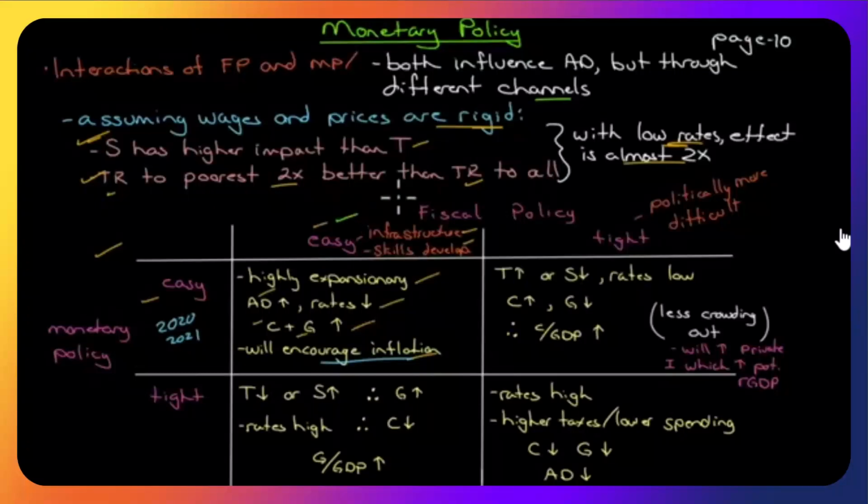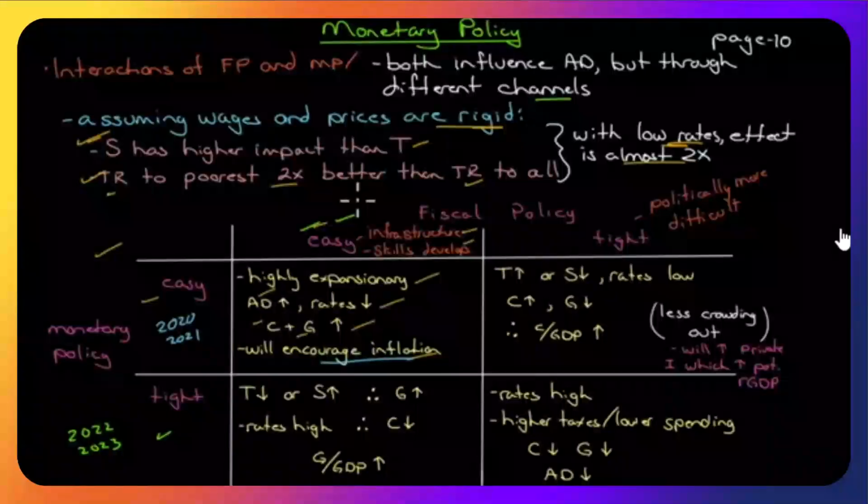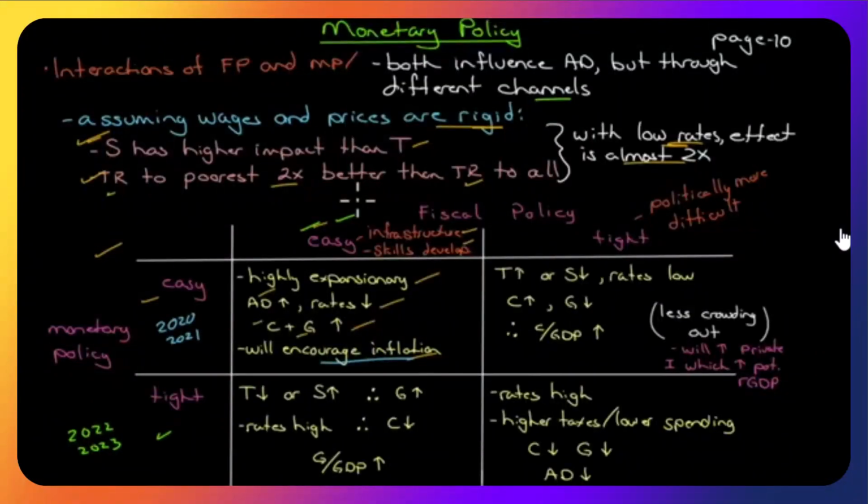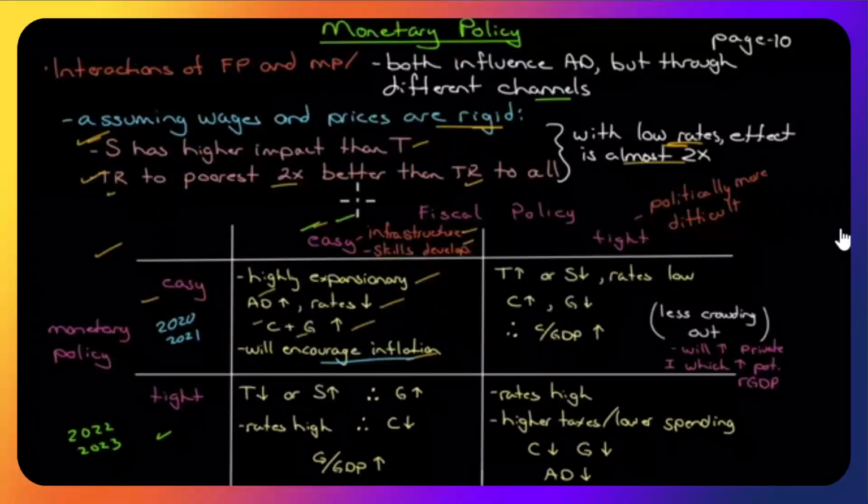Let's move down. Let's keep fiscal policy easy and monetary policy tight, which is 2022, 2023 in the U.S., where the central bank was raising and raising rates, but you had multi-trillion-dollar bills passed by Congress under the guise of the Inflation Reduction Act. Let's spend $2 trillion and it will make things cheaper. I don't have the math for that, but, governments, right?